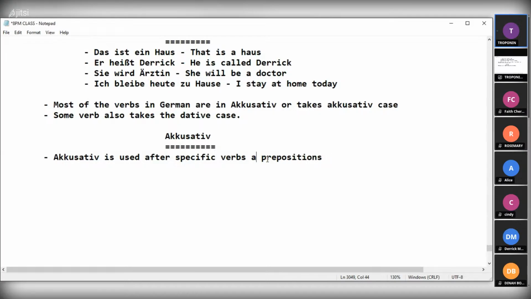So don't write fast. Accusative is used after specific verbs, prepositions, and if there is one object in a sentence. So that is now. So Beispiel.